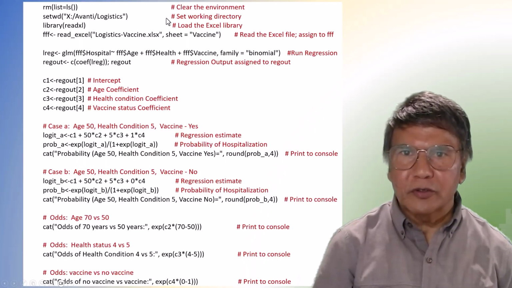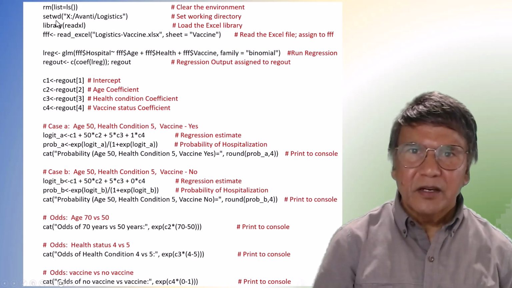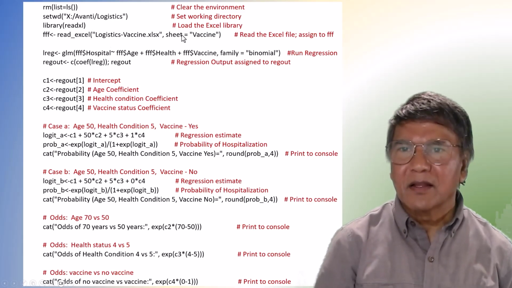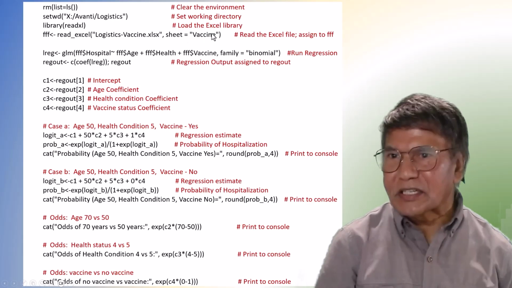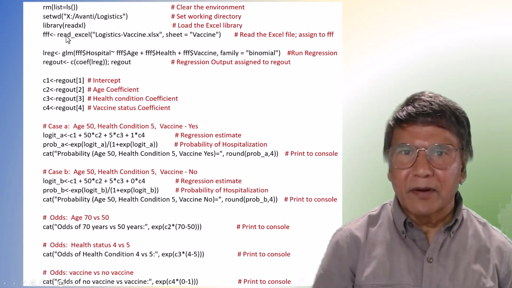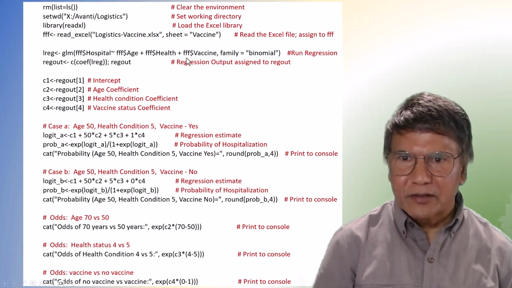Here's the full code that you can use. Of course, you have to make changes. There's a set directory. This clears the memory. You set the directory. You open the library to read the Excel file. You read the Excel file. The sheet is vaccine, whatever your sheet name is. And you assign this variable to this file. And then you run the regression.